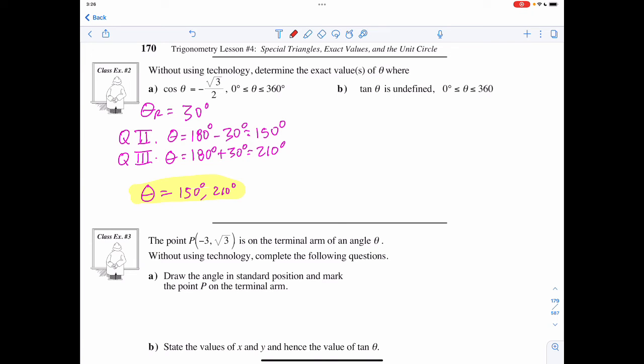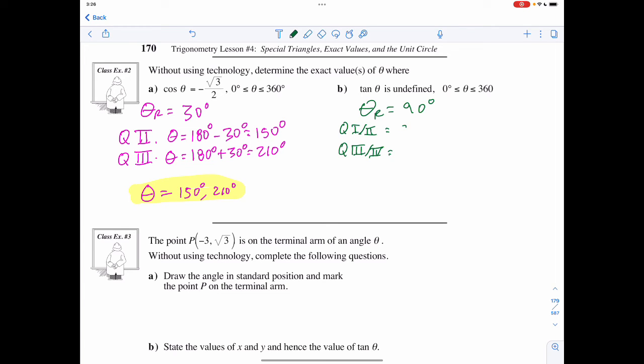When it says that tan is undefined, we know that tan was only undefined at 90 degrees. If that's true, then that was in between quadrants 1 and 2, and in between quadrants 3 and 4 are the two times where the reference angle is 90 degrees.